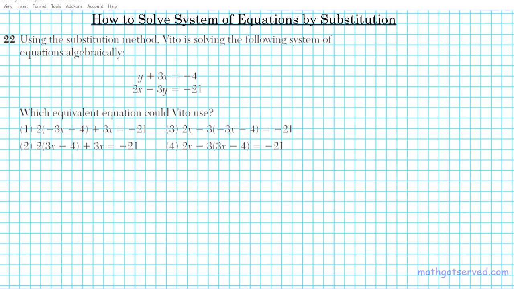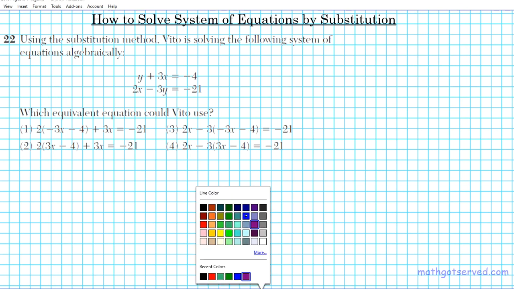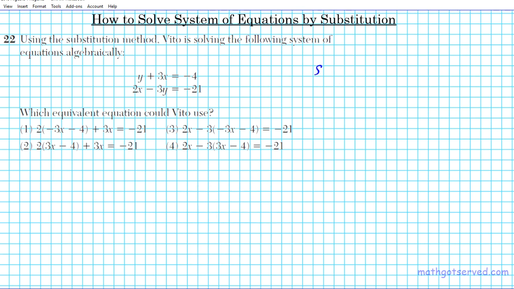When you're solving systems of equations by substitution, there are 3 steps you want to keep in mind. So let's write steps for solving systems by substitution. First, you want to isolate a variable from one equation.